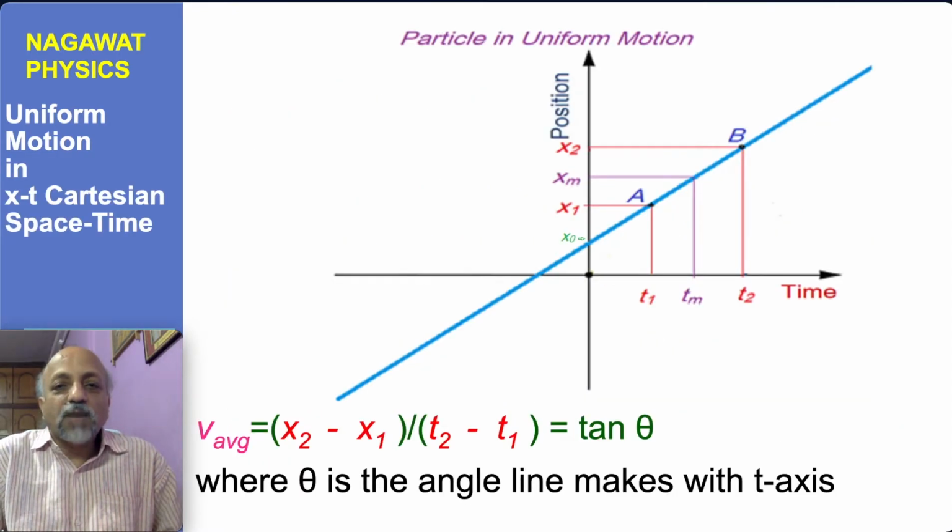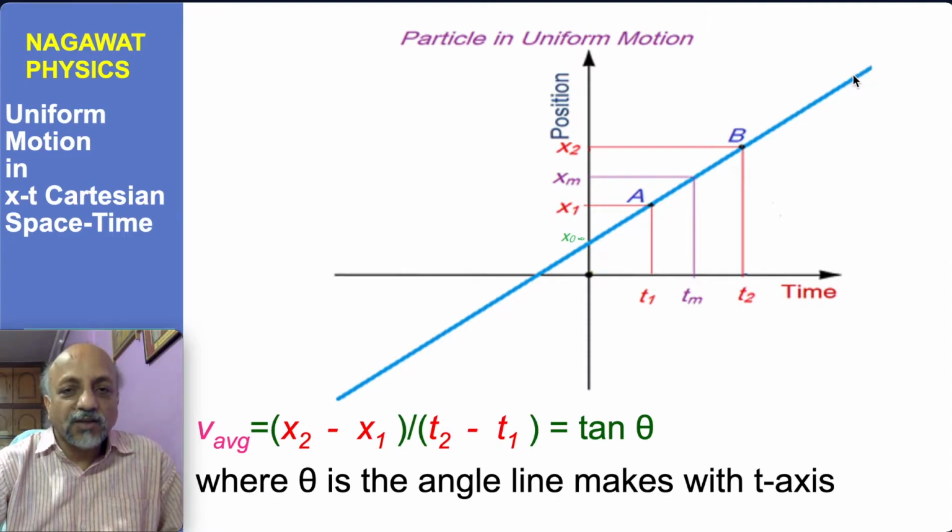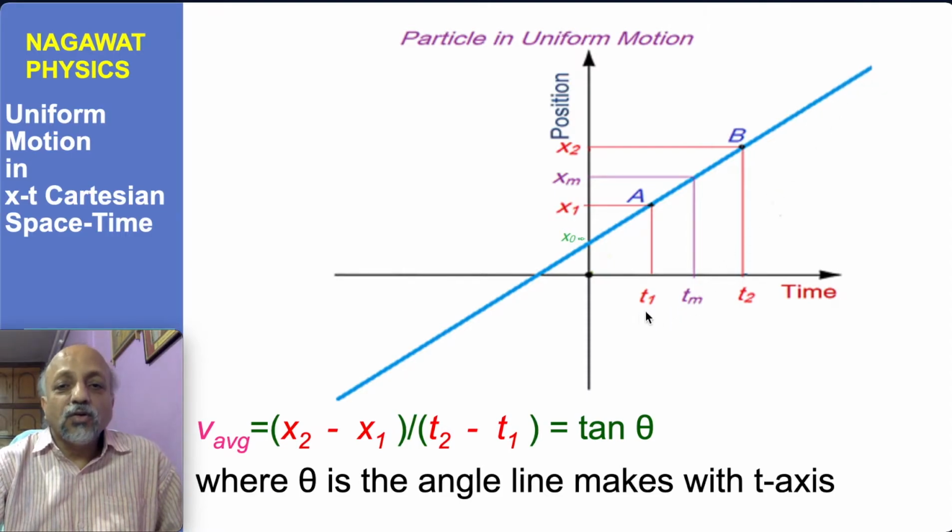In case of uniform motion of a particle, if you describe the motion by this line, then the motion would be along a straight line in 2-dimensional Cartesian space. You can choose an instant t1, where the position is x1, which you can measure from the graph, and at instant t2 the position is x2.